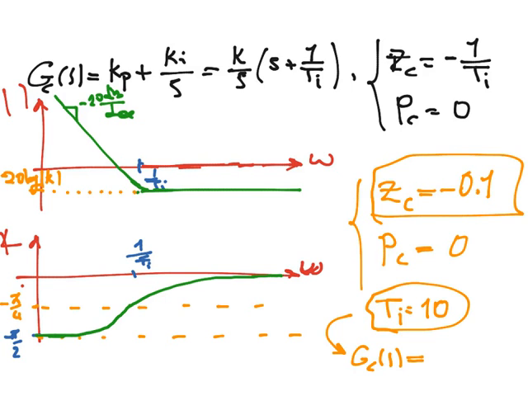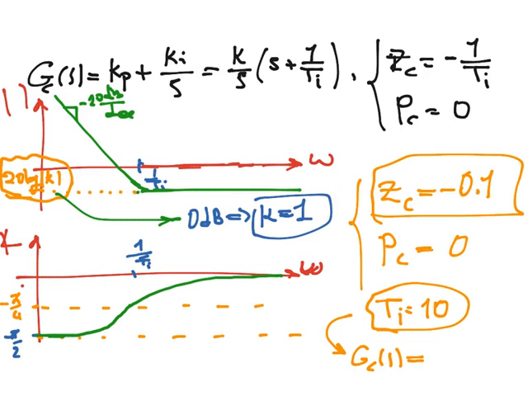But keep in mind that since we don't want to affect the high frequency behavior, we need to have 20 logarithm of the amplitude of K, which is the amplitude for the high frequencies of the compensator, equal to 0 dB. If we set this equal to 0 dB, from here we get K equal to 1. This means that we need to have Kp equal to 1, and then accordingly we can determine the value for Ki.